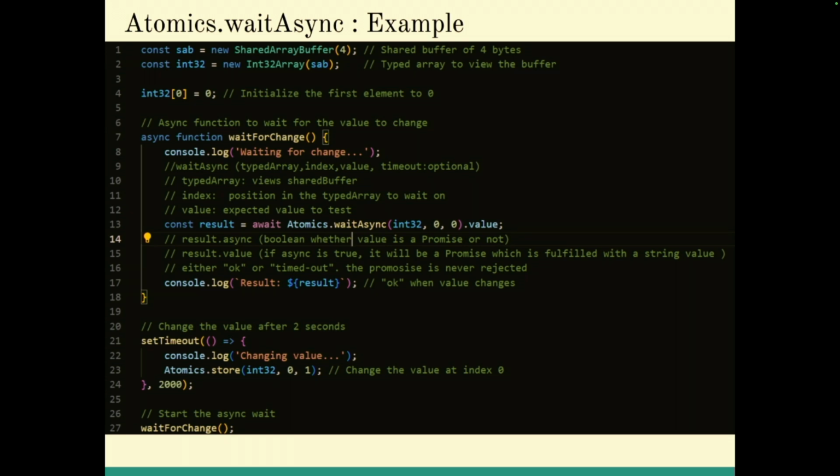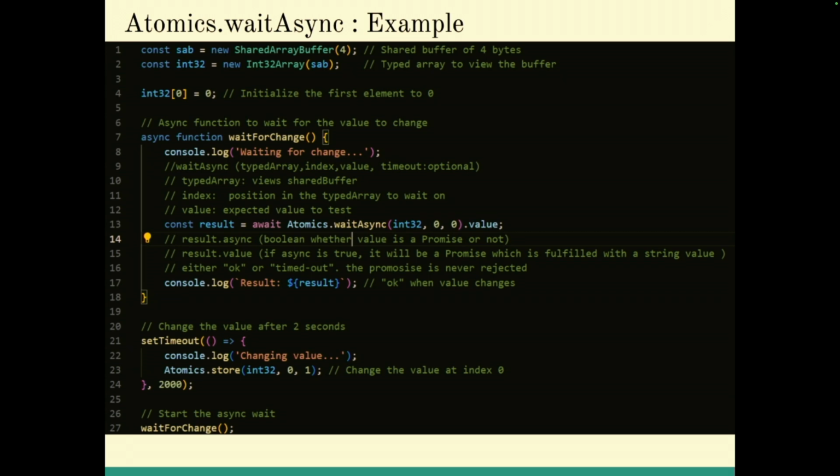The typed array would view the shared buffer. The index is the position that you're going to wait on, and then you'll have a value that you're going to test. So we can see it in line 13, the .waitAsync, and the value, and pretty much the .async, you'll have a Boolean on whether or not the value is a promise or not.